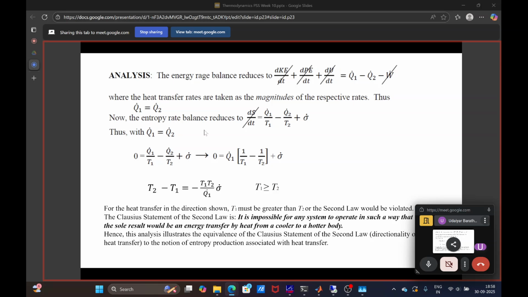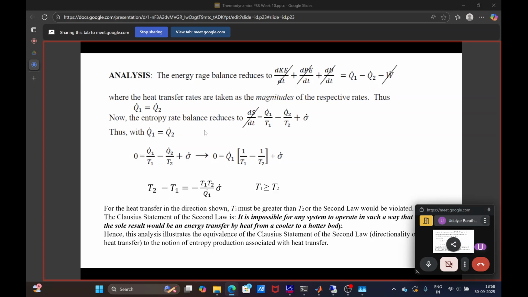So we'll apply the energy balance first. dU/dt equals Q net minus W net. There is no work transfer, so W is 0. Since it's a steady state and there is no variation in temperature, dU/dt is also 0.